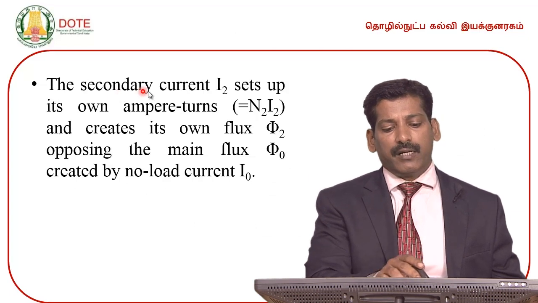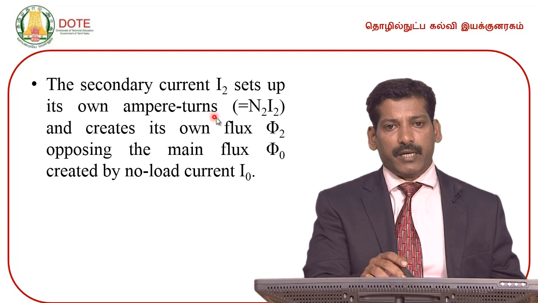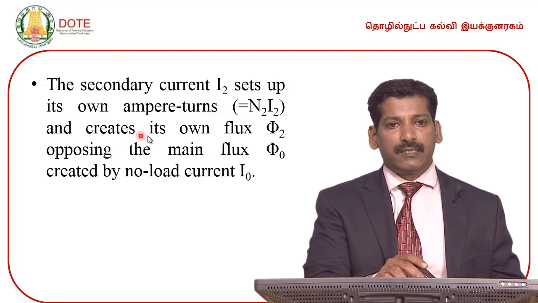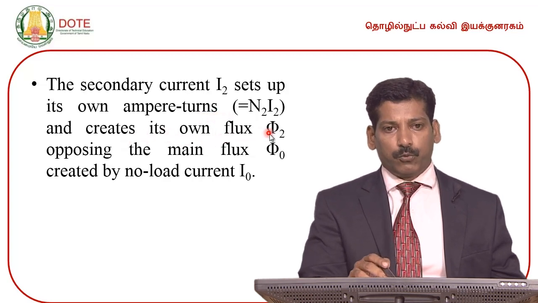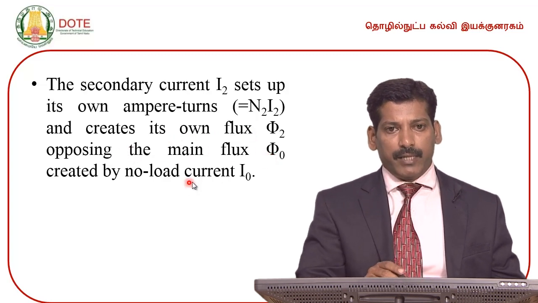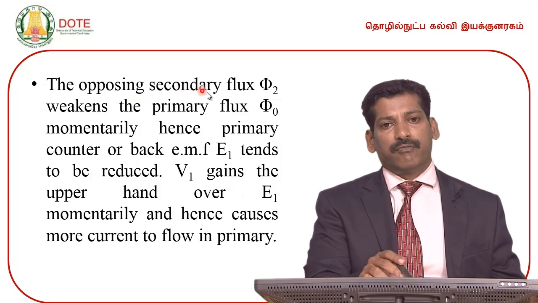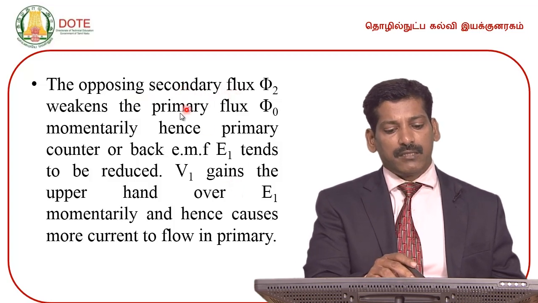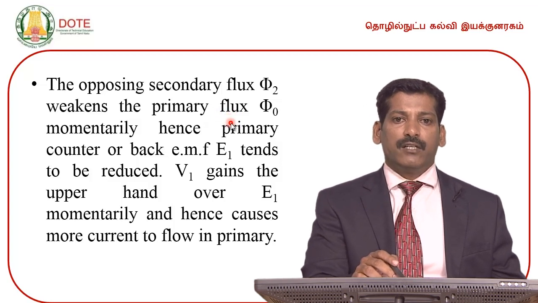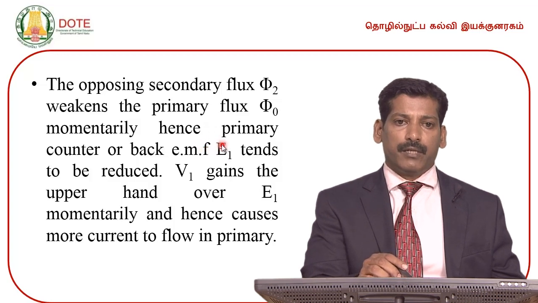The secondary current I2 sets up its own ampere turns N2 I2 and creates its own flux phi 2 opposing the main flux phi naught created by no load current I0. The opposing secondary flux phi 2 weakens the primary flux phi naught momentarily, hence the primary counter or back EMF E1 tends to be reduced.